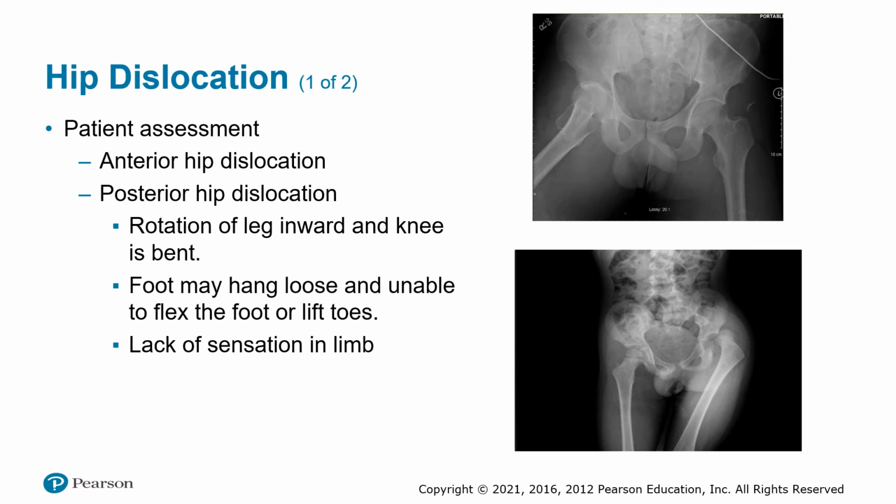This patient's going to have inward rotation of the leg. The knee may also be bent. That foot may also hang loose, and they may be unable to flex or lift the toes. Okay, and they'll also have a lack of sensation in the limb.